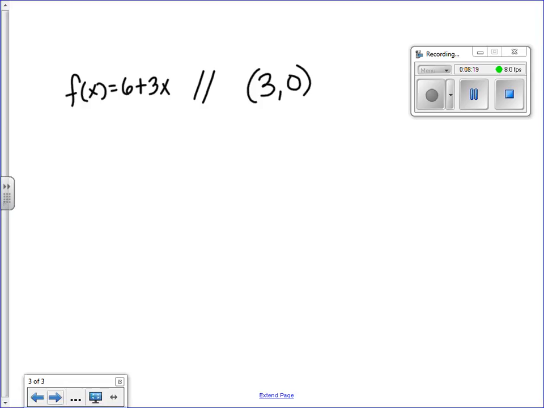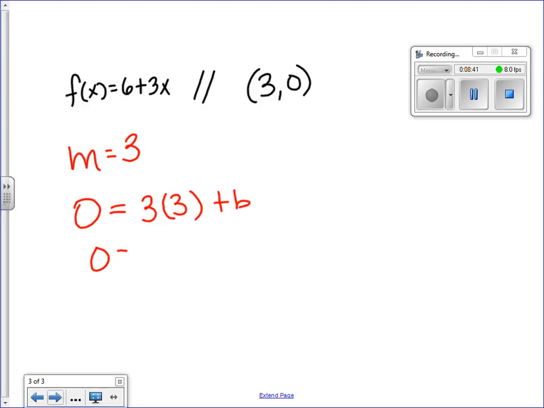All right, if they're parallel, what's the new slope going to be? 3, right? So set this up. What do I need to write? y equals 3x minus 9.